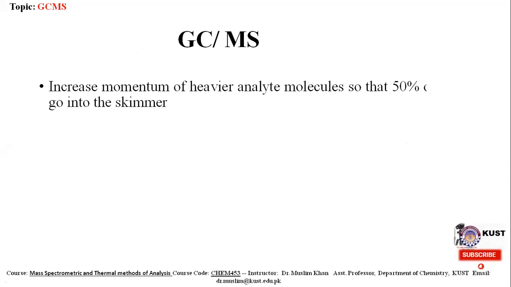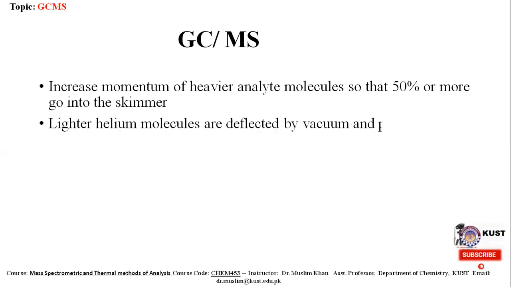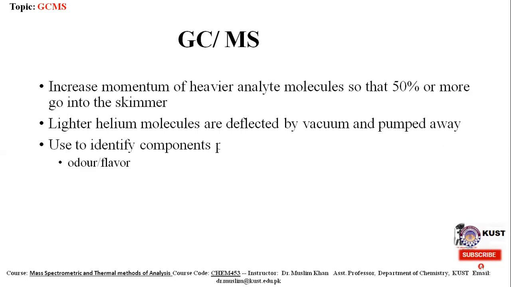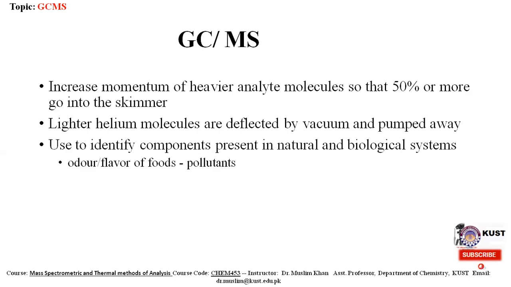This increases the momentum of a heavier analyte molecule so that 50% or more go into the skimmer. Lighter helium molecules are deflected by vacuum and pumped away. GCMS is used to identify components present in natural and biological systems, the odor or flavor of food, pollutants, etc.